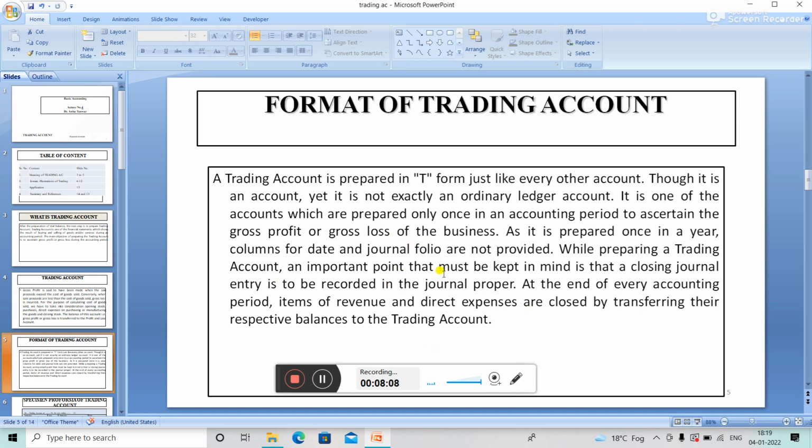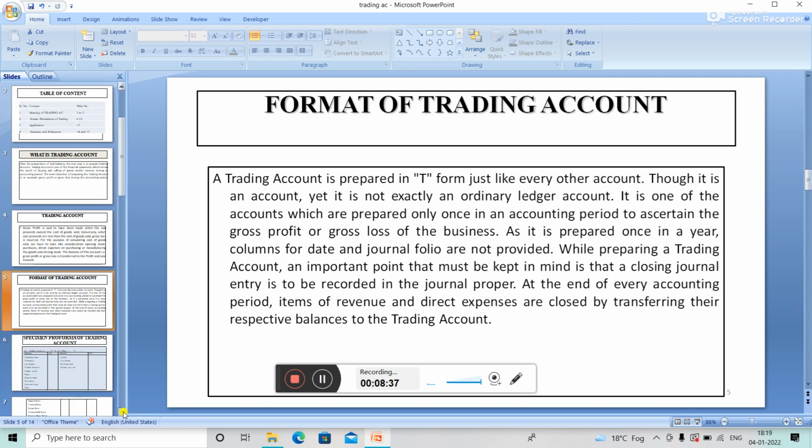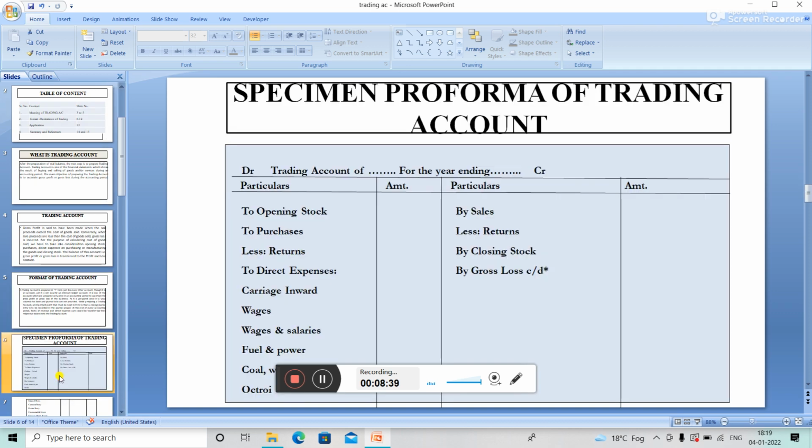Now, apart from this, when we talk about the format of the trading account, when we are preparing the journal or ledger, we also create a particular column for the journal folio or ledger folio. But in case of the trading account, we are not creating such a folio. So in this particular trading account, what we are going to do is create the format like this.